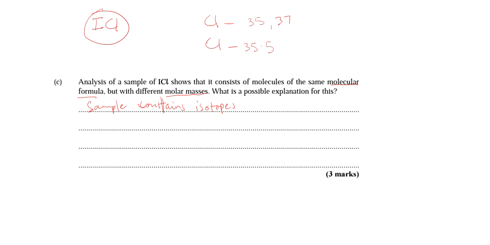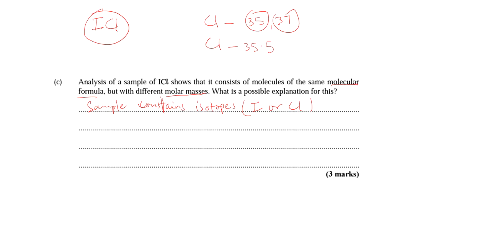When we say isotopes, it could be for the iodine or the chlorine. In the case of chlorine, we know the isotopes are chlorine 35 and chlorine 37, and the different isotopes could add together to give us different molar masses.